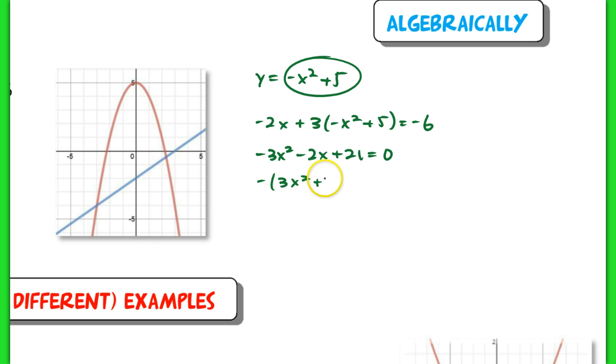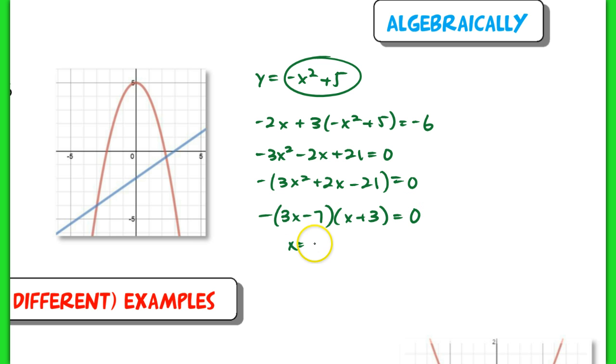It might be a little bit easier for you to see what the factors are going to be. So this is going to factor into negative, the negative sign's out in front still, 3x minus 7 times x plus 3. Okay, so that means I have two solutions here for the x, positive 7/3 and negative 3.